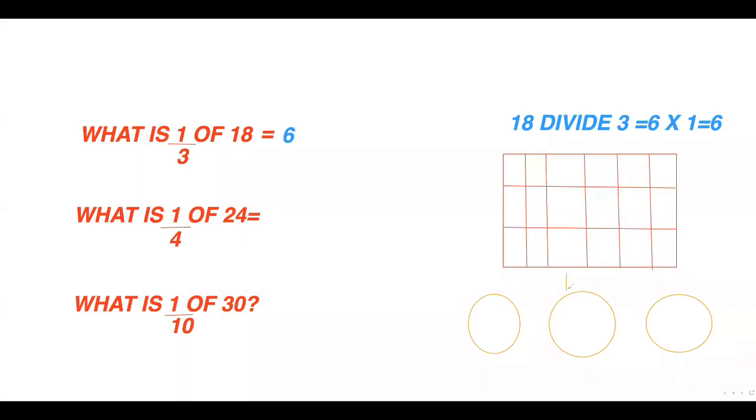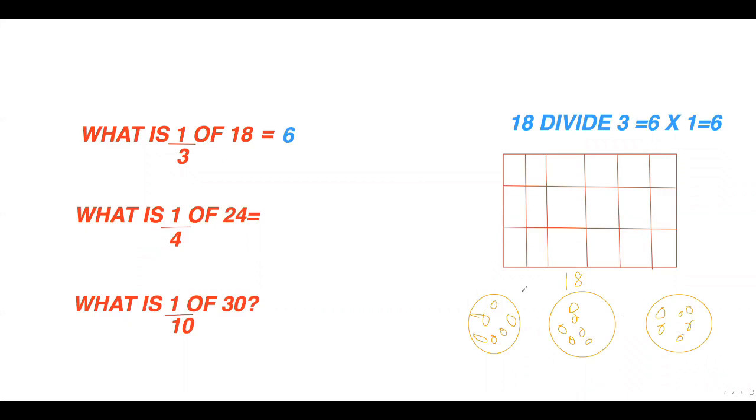So what we're going to write is 18, and we're going to share 18 with 3 circles. So 3 people. We've got 1, 2, 3, 4, 5, 6, 7, 8, 9, 10, 11, 12, 13, 14, 15, 16, 17, and 18.